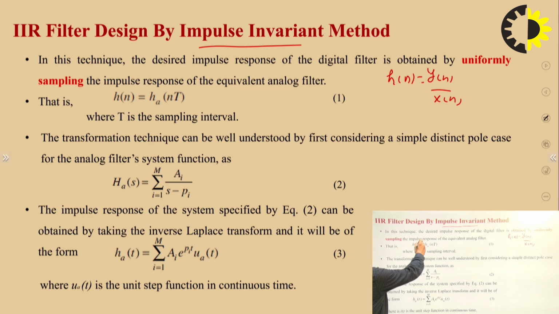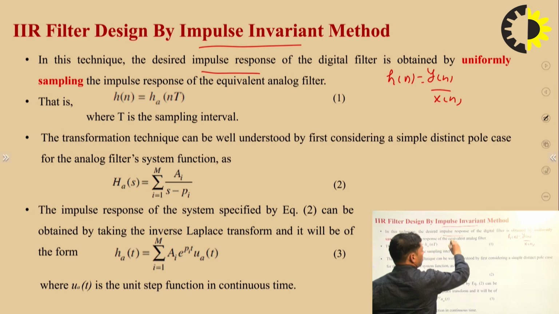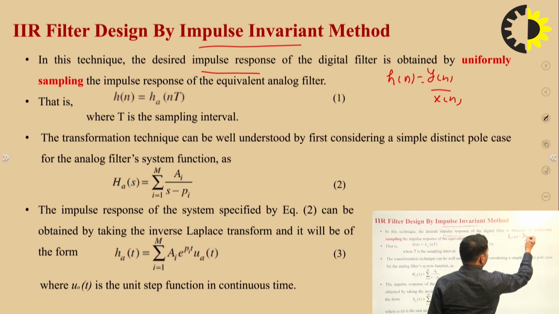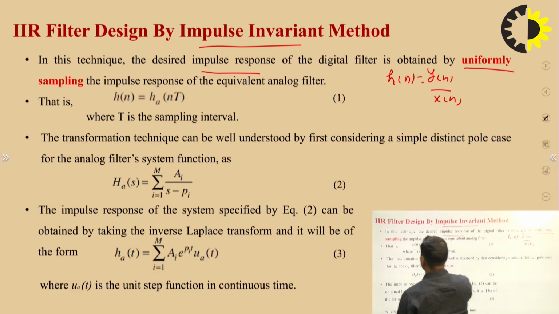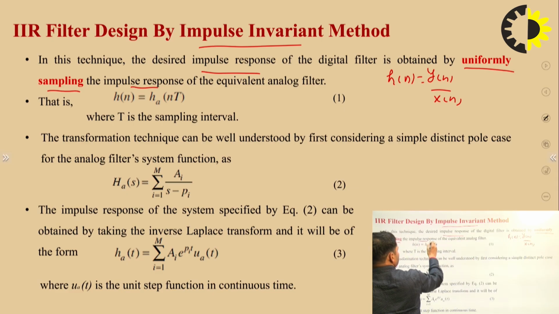The desired impulse response of the digital filter is obtained first by uniformly sampling the impulse response of the equivalent analog filter. The analog filter which has been given, its impulse response will be denoted by the symbol h a of t.